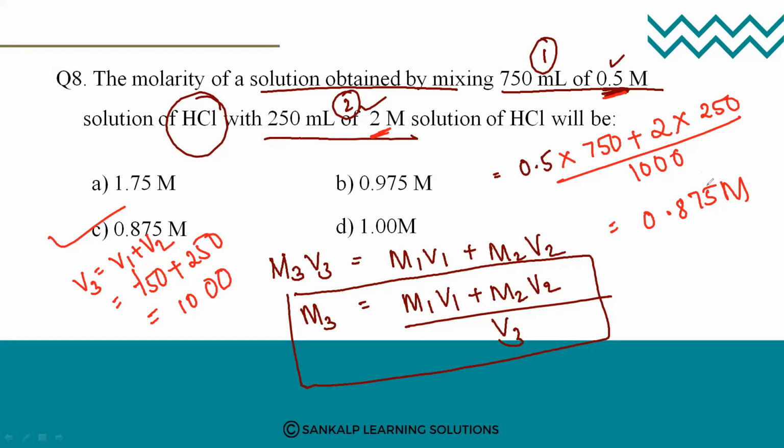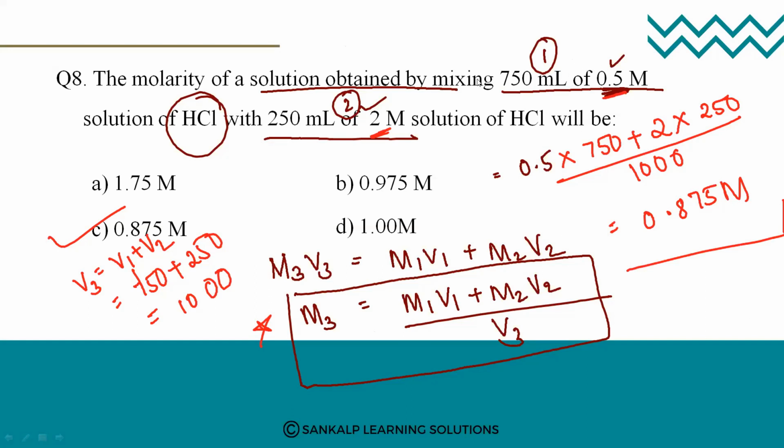There are two solutions of the same HCl, and you have to find the resultant, which means the concentration of the solution after mixing. This is the way you're going to solve it. This is a formula, please note it down, very important. If similar questions are given, you can use these formulas. You just put the given quantities and find the answer. Simple calculation, simple solving, and you will get the answer.